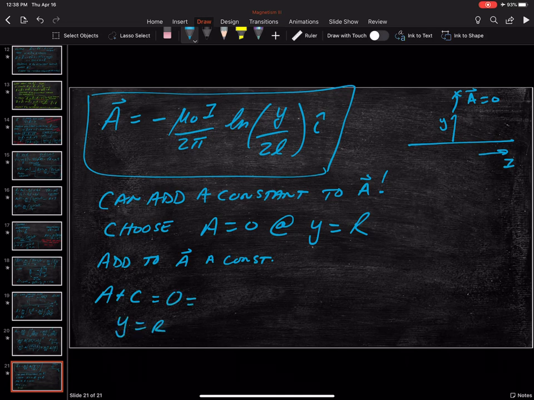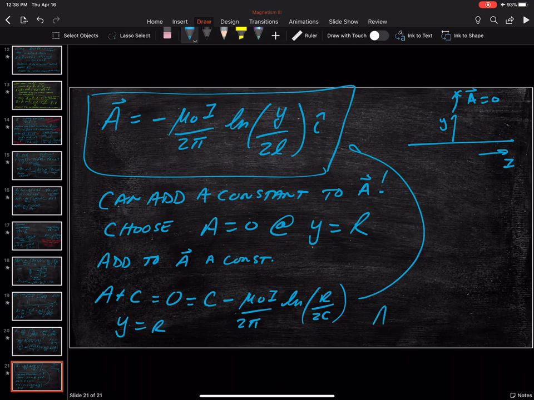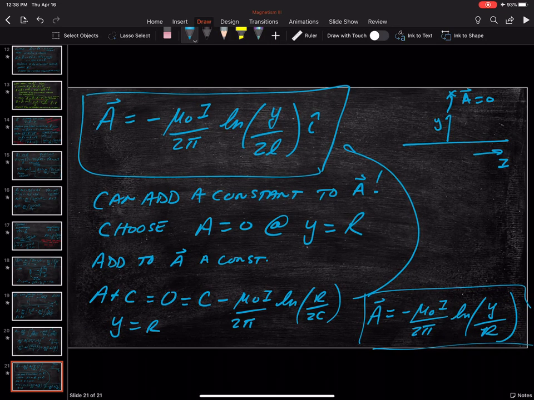So this should be equal to a constant minus mu naught I over 2 pi times the natural log of r over 2L. And so that's my constant. When I add this constant to my A up here, I find that A should be equal to minus mu naught I over 2 pi times the natural log of y over r, I hat. And so everything's rescaled. The L doesn't show up anymore.